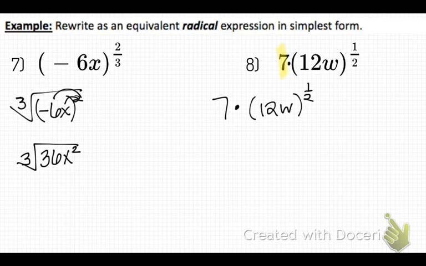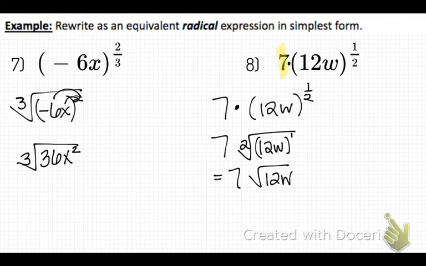So how do I turn 12w to the 1/2 into a radical? What is the root for that radical? 2. And then I have 12w to the 1st power with the 7 outside. Okay, which is just 7 times the square root of 12w. Is that fully simplified? Can I break 12 down even more?